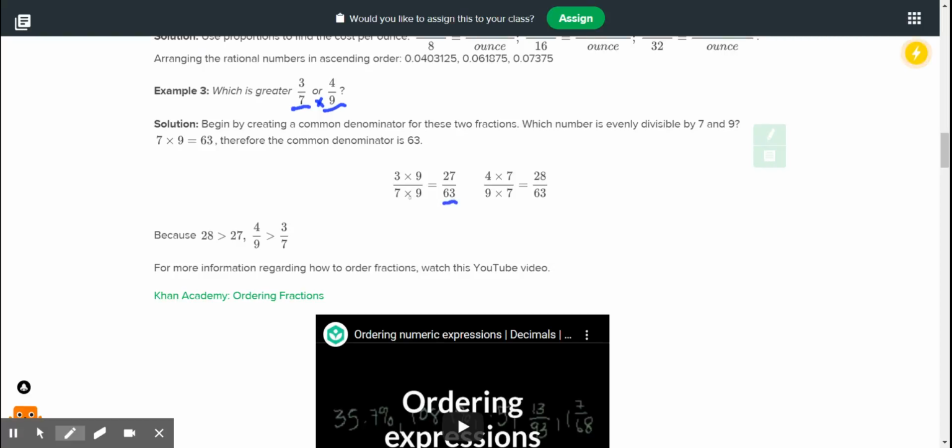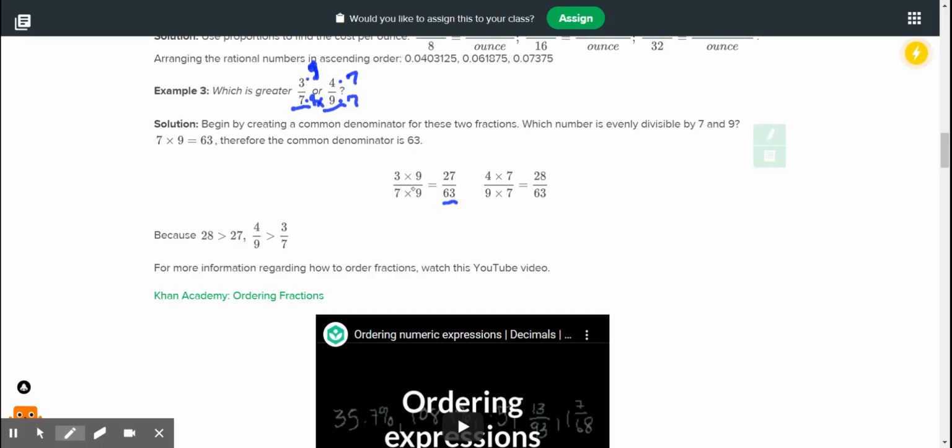And whatever we do to the bottom, if I multiplied the bottom by 9, I have to multiply the top by 9. So I need to do 3 times 9, because it took 7 times 9. And then for the 9 to make 63, I multiplied that by 7. So I've got to multiply the top one by 7.